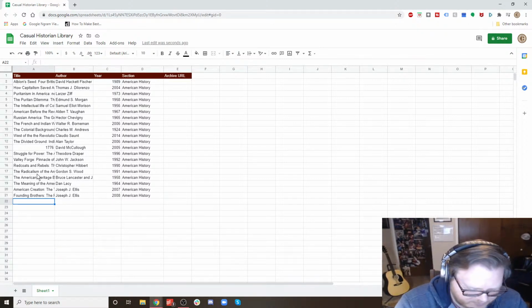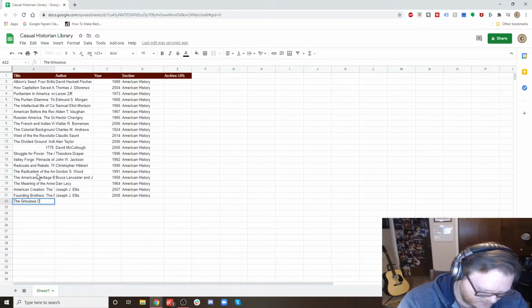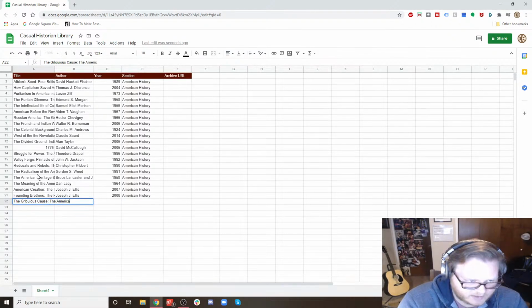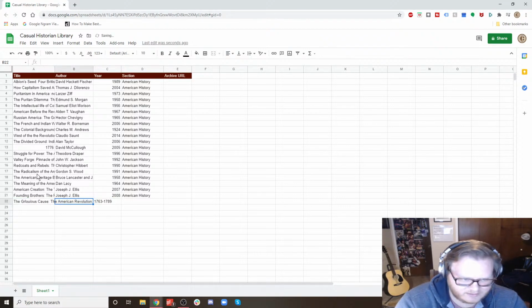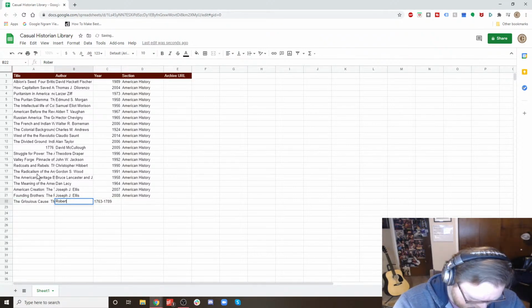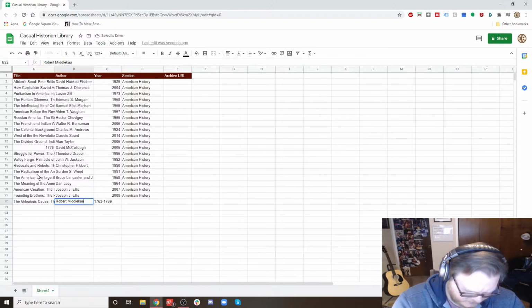All right, next comes The Glorious Cause, The American Revolution, 1763 to 1789, by Robert Middlekauff.